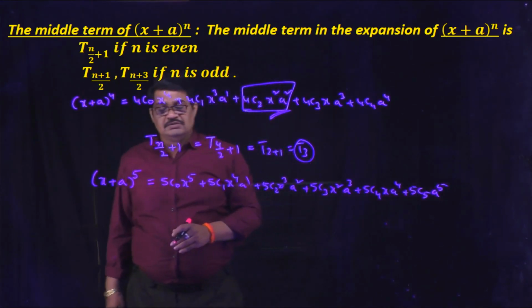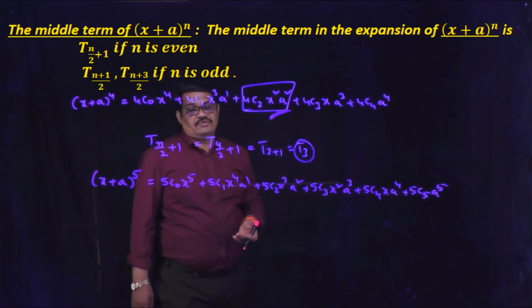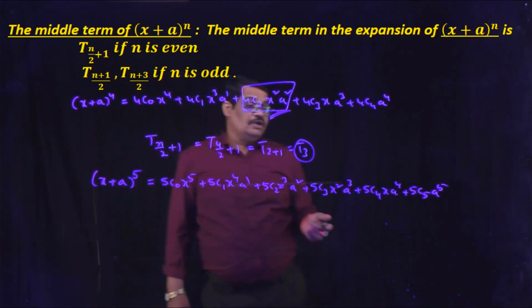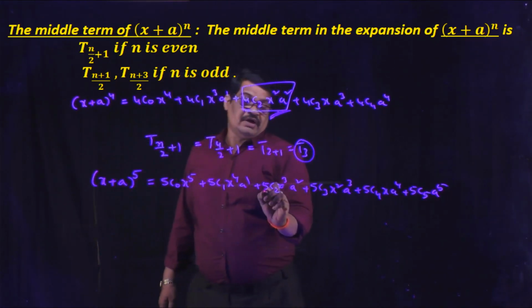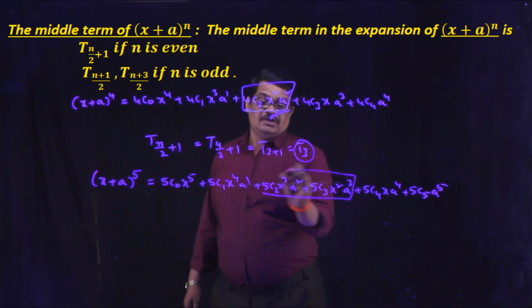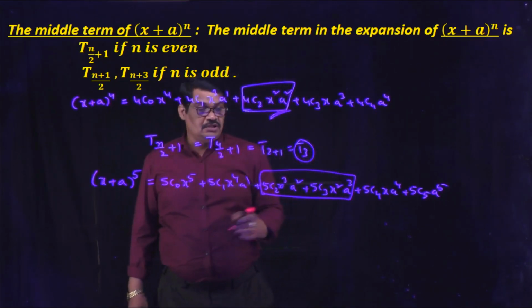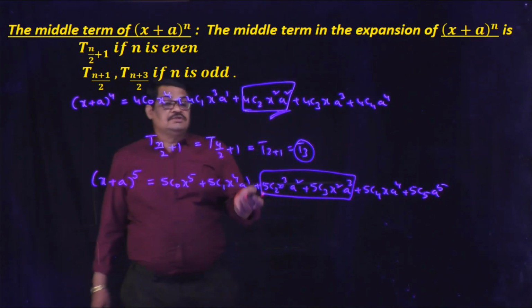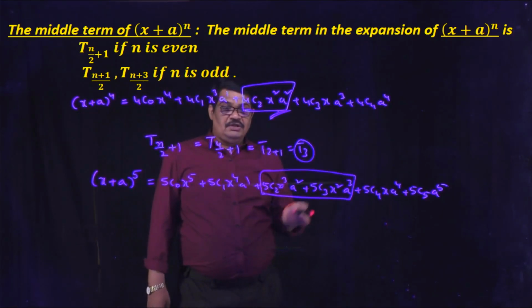In that, the total number of terms is 6. Then these two are the middle terms. That is, the third term and fourth term are the middle terms.